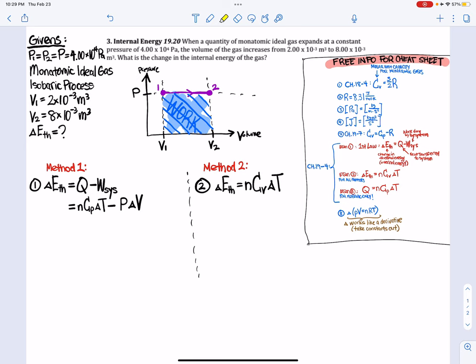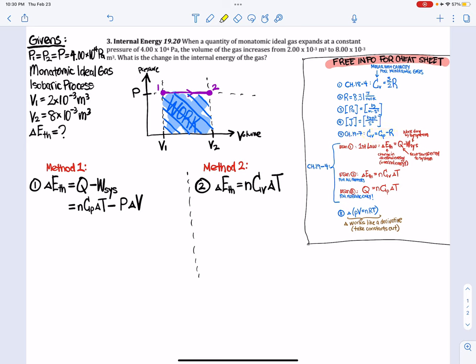Yeah, I don't know it, but chapter 19, section 7 has an equation that shows the relationship between molar heat capacity for constant volume, or capital C subscript V, and molar heat capacity for constant pressure, which is capital C subscript P. Right? And that's this equation right here.